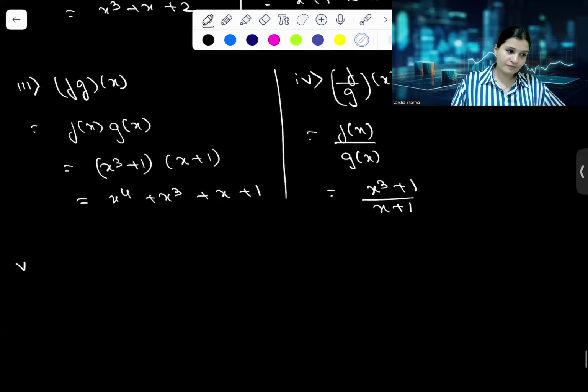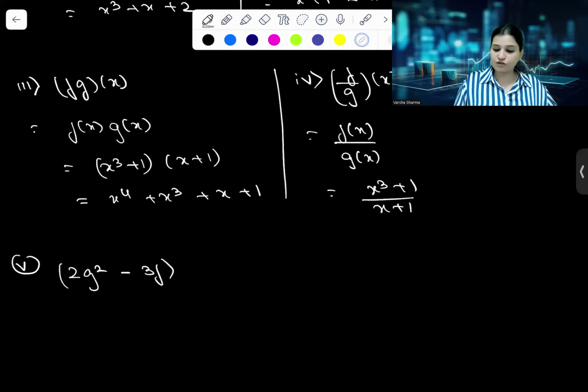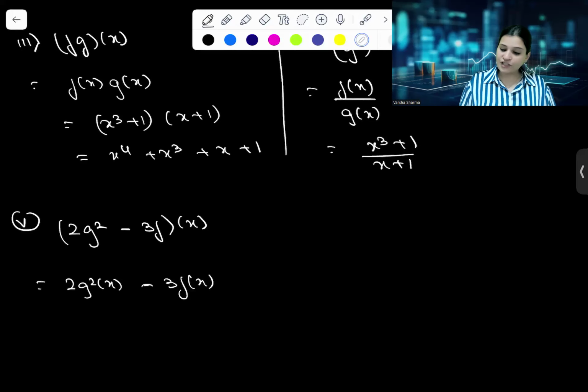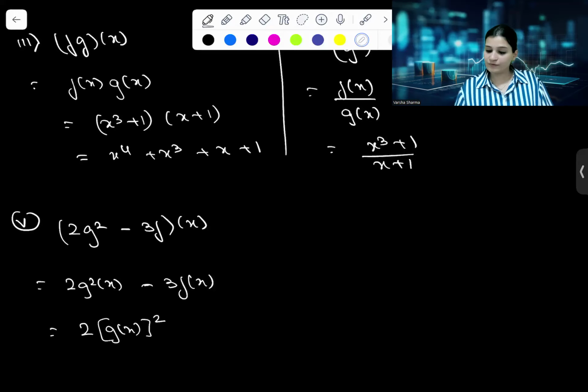Number 5, 2g square minus 3f. So we need to apply here x, right? Any doubt? So this means 2 g square of x minus 3 f of x. g square of x means g of x whole square. G square means g into g, so g of x into g of x.